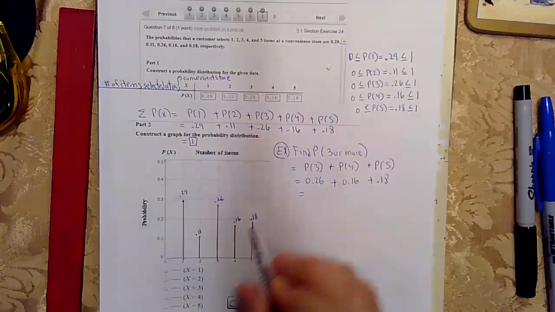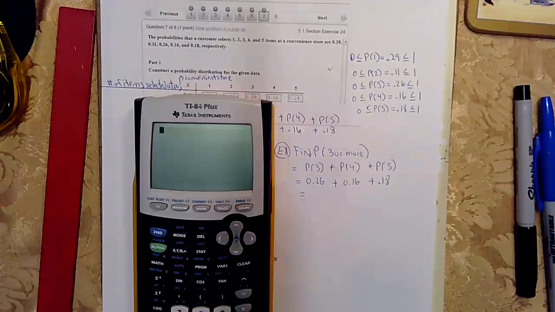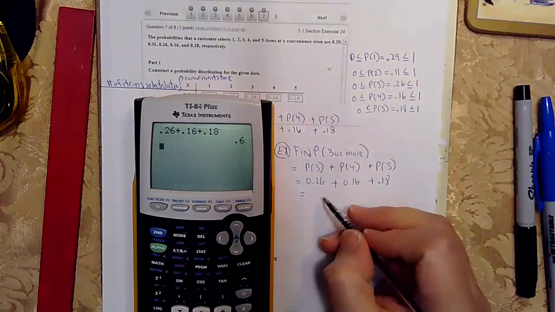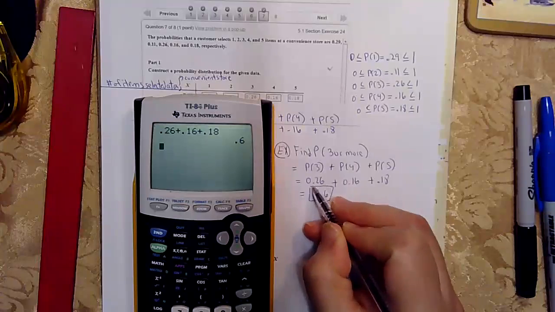And then when you add those on your calculator, 0.26 plus 0.16 plus 0.18 is 0.6.